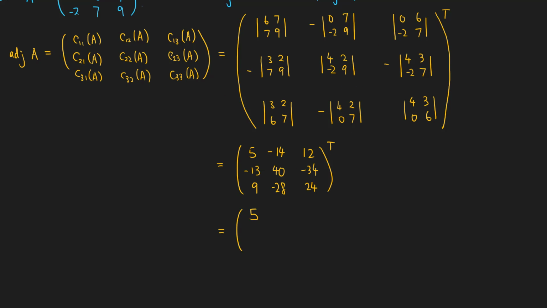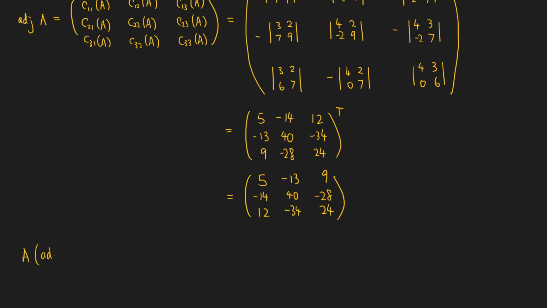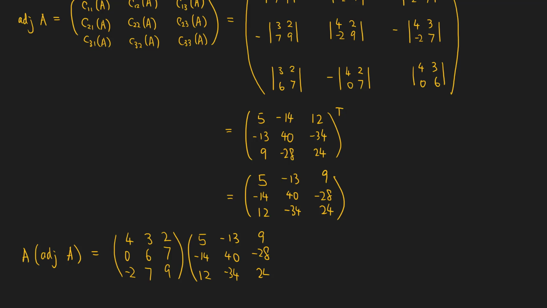After taking the transpose, we have the matrix 5, -13, 9, -14, 40, -28, 12, -34, 24. So A times the adjugate of A is the matrix 4, 3, 2, 0, 6, 7, -2, 7, 9 times the matrix 5, -13, 9, -14, 40, -28, 12, -34, 24.